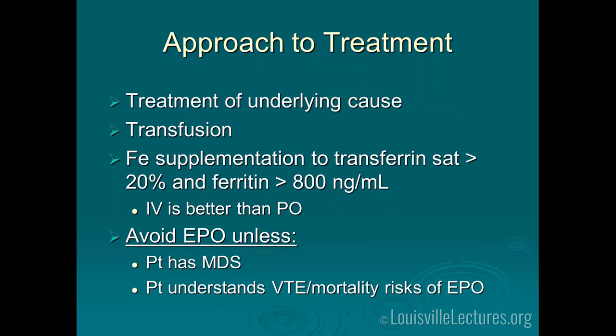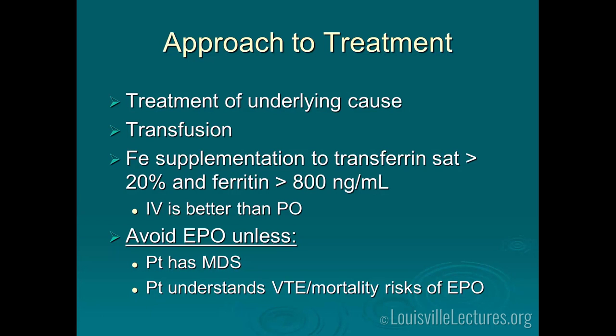So treating anemia of chronic disease and anemia in cancer patients is not a simple matter of giving them oral iron. And that's a mistake I see commonly in medical charts, that someone with cancer-related anemia is getting oral iron. They're not going to absorb it. You're just giving them constipation without any hematologic benefit.